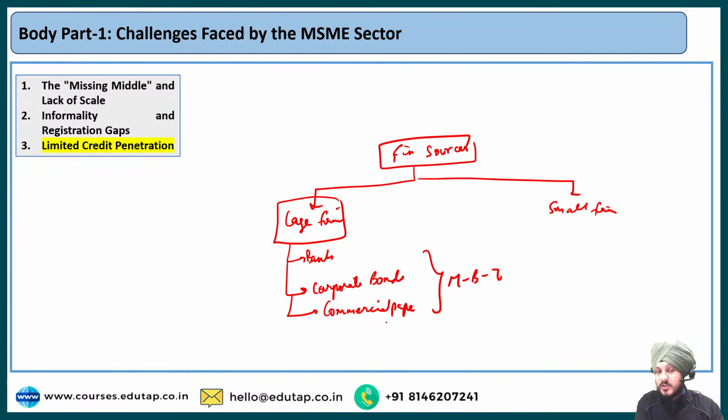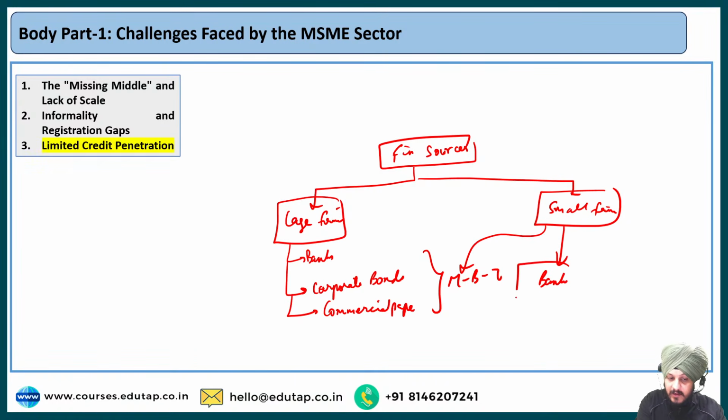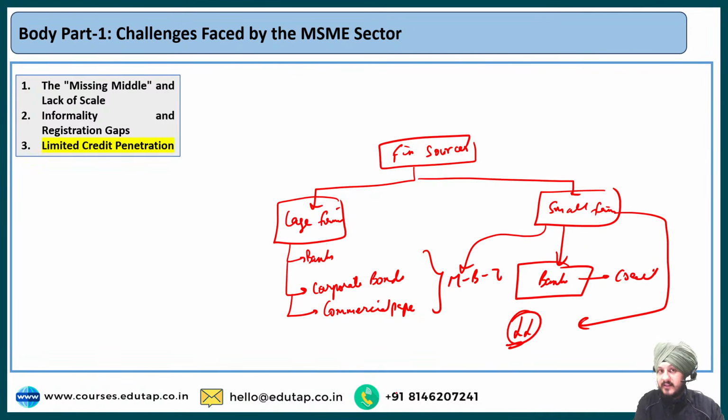But the small firms do not have this straightforward or simple access to these market-based instruments. As per the economic survey, these small firms are highly dependent upon the banks only with respect to credit availability, right? And if bank credit growth moderates tomorrow, what is going to happen? The credit of these small firms is also going to suffer, right? They are also going to face greater constraints when it comes to the availability of credit.